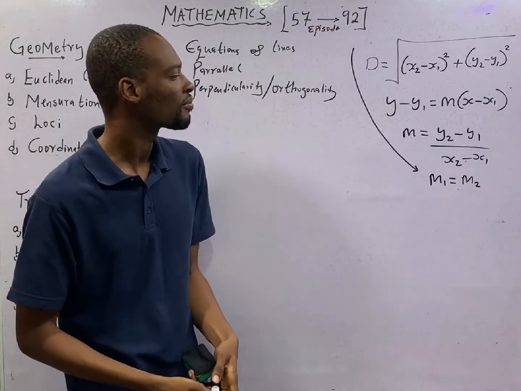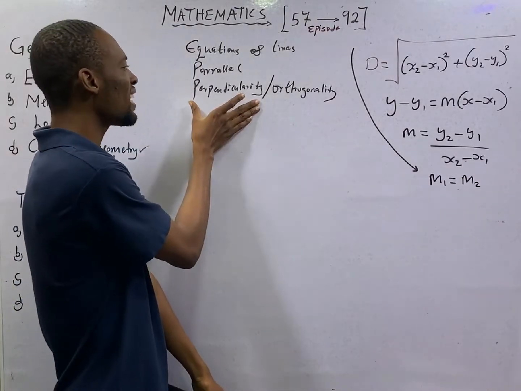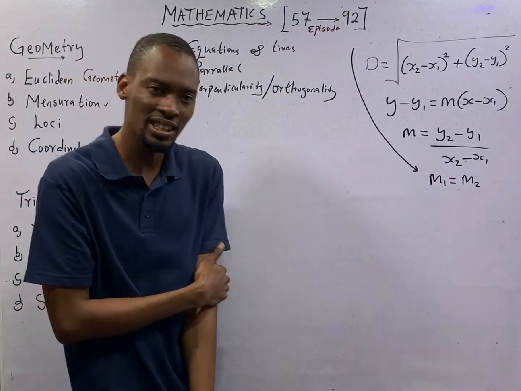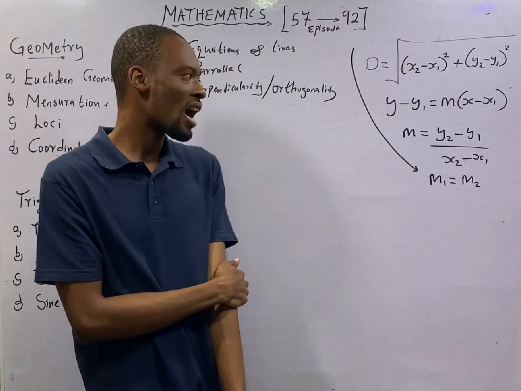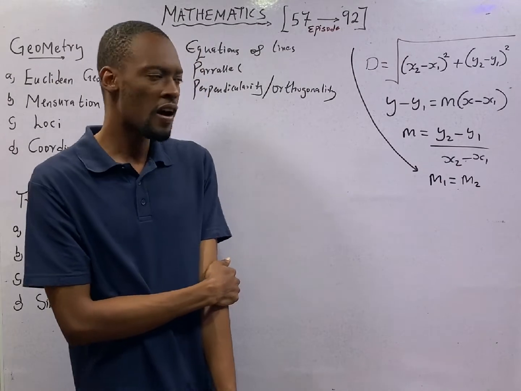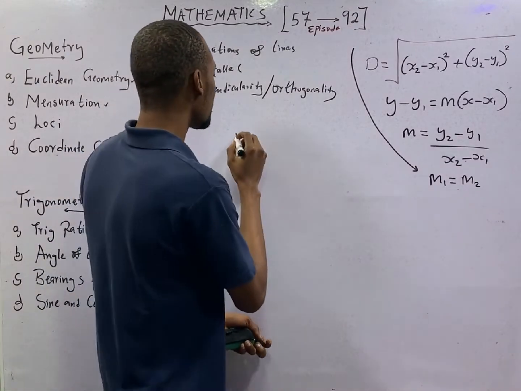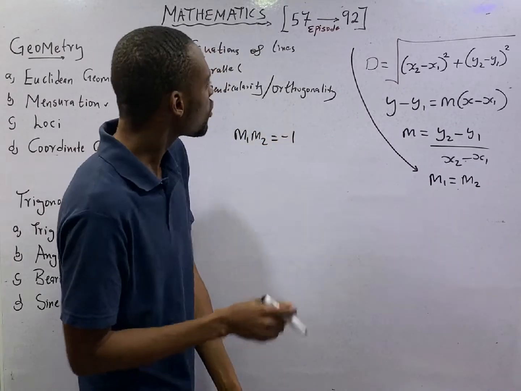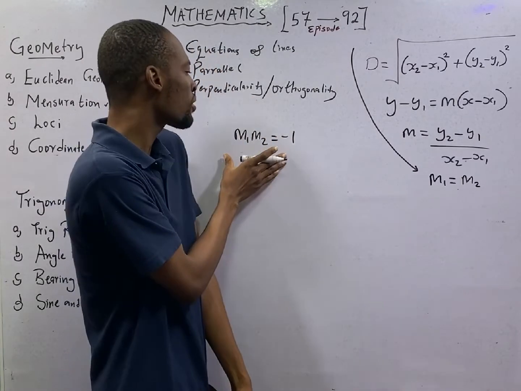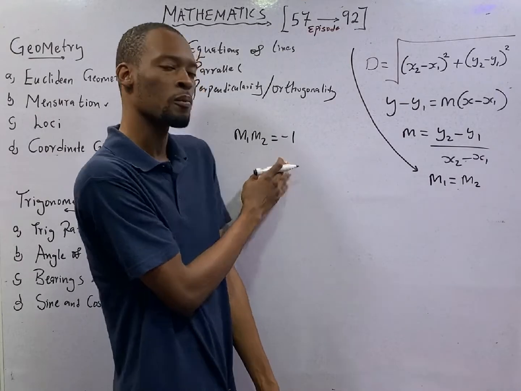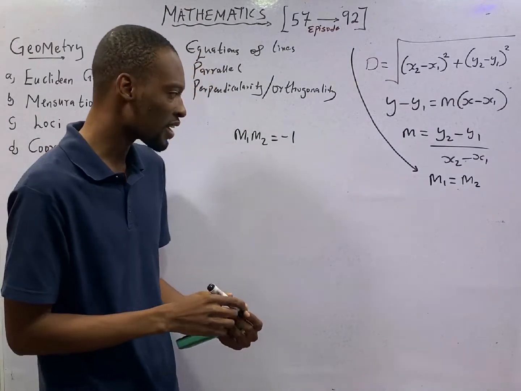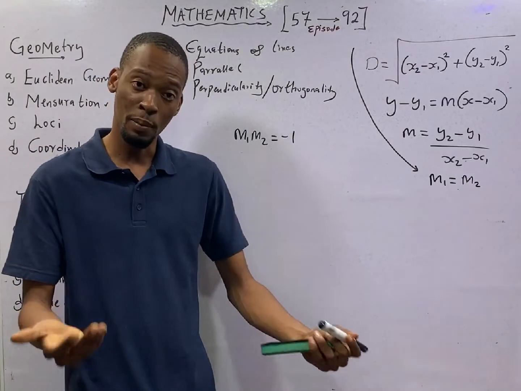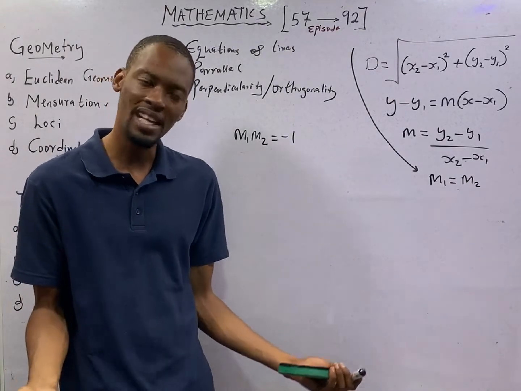For perpendicular lines or for orthogonal line or for orthogonality, their gradients are not the same. However, if you multiply their gradients, m1, m2, you will get minus 1. So, for perpendicular lines, the product of their gradient is minus 1. How does this change the price of garri in the market? If I give you a question and I say the lines are perpendicular, find the equation of the lines.